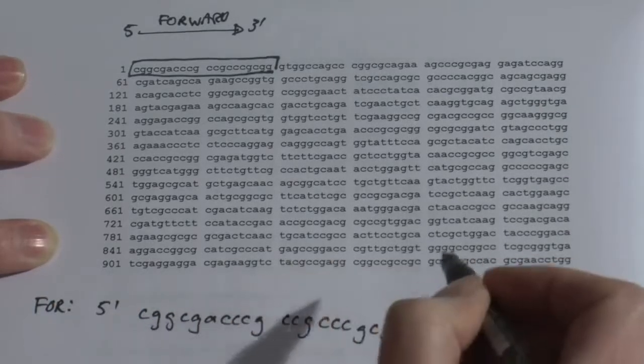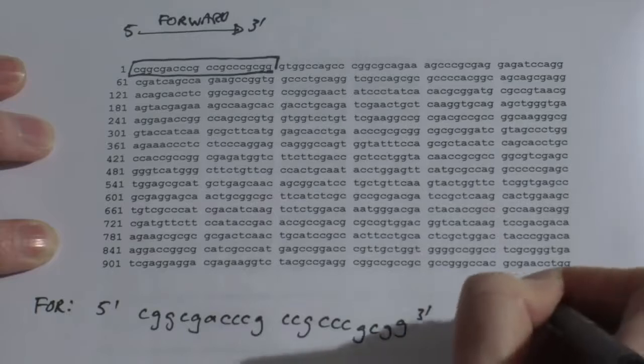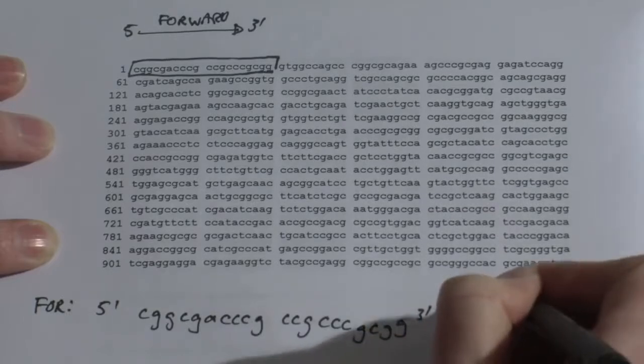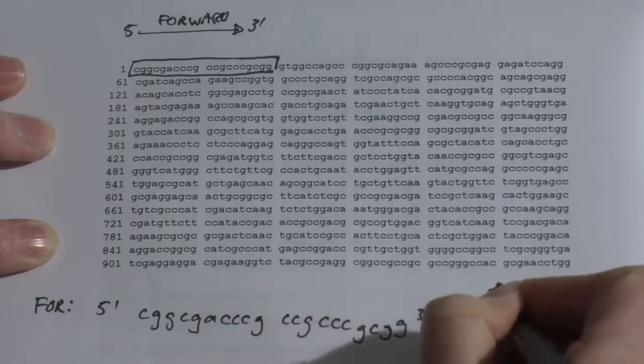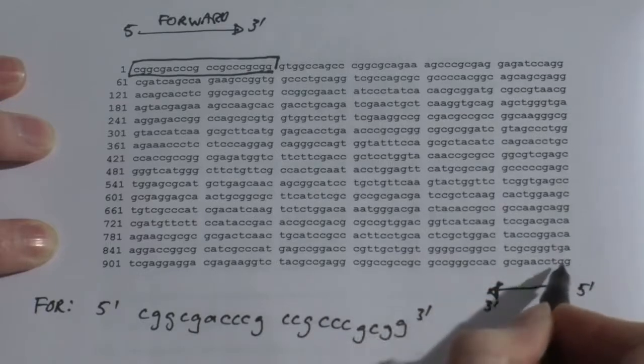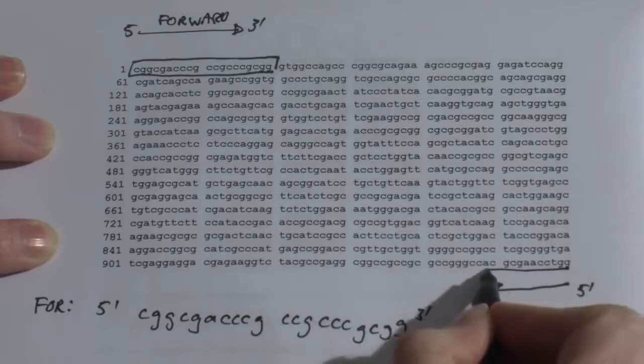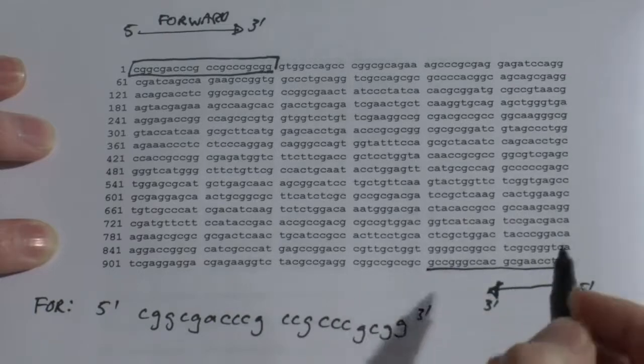And my reverse primer must be synthesizing DNA in this direction, 5' to 3', and my reverse primer is the reverse complement of the section of DNA that I can see here.